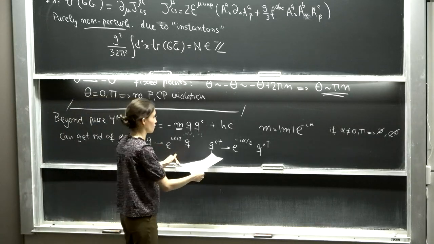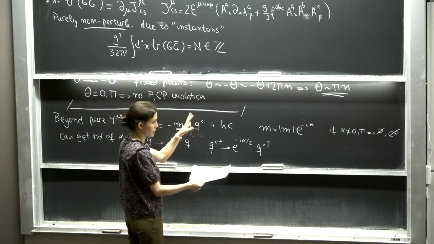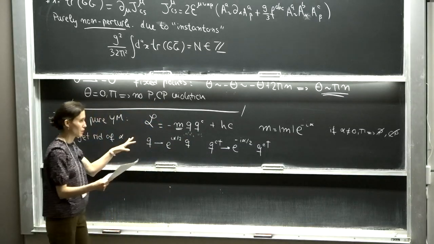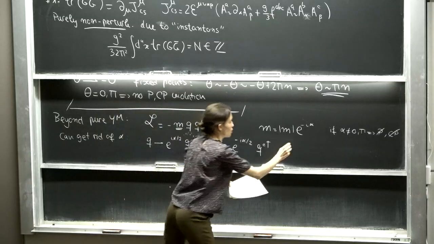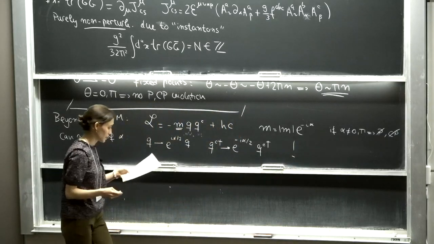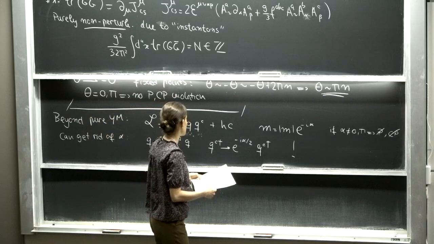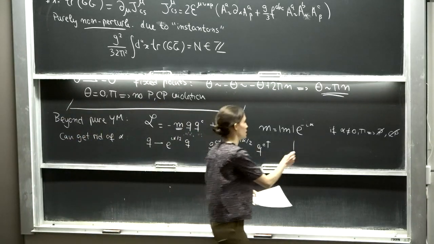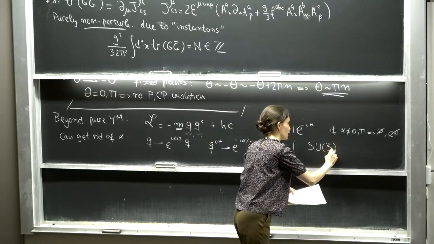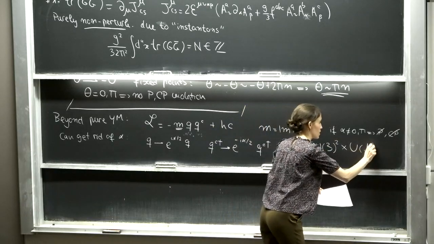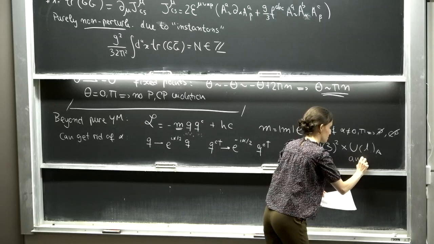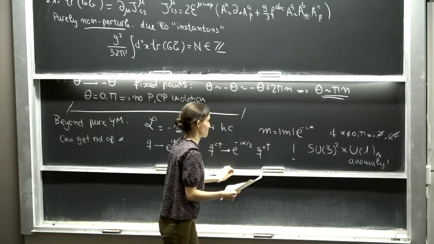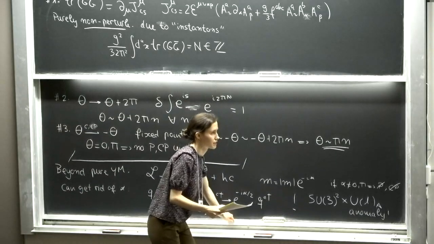So if I do this field redefinition, I can get rid of the phase in the quark mass matrix. However, you probably have heard this many times already in these lectures, the U(1) axial symmetry is anomalous. In particular, there is also an SU(3) squared U(1)_A anomaly. So this means that, so I need a new blackboard.